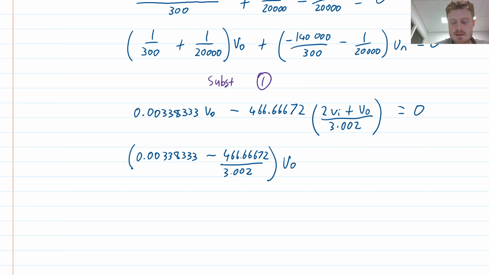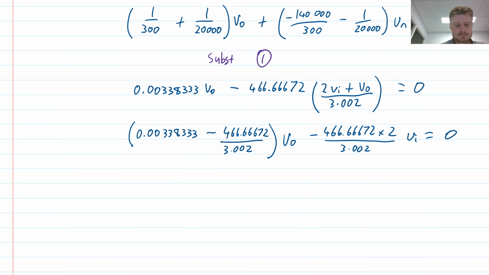All of that is our coefficient for the output voltage, and then our coefficient for the input voltage is going to be 466.6667 times 2 divided by 3.002, that is times Vi, is equal to 0.